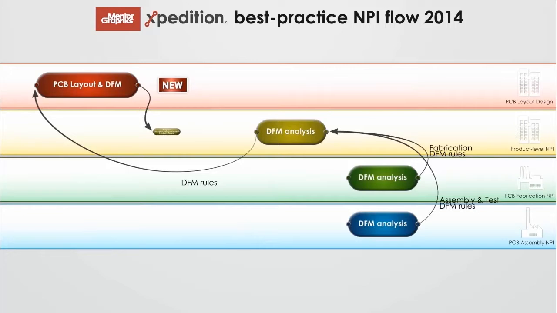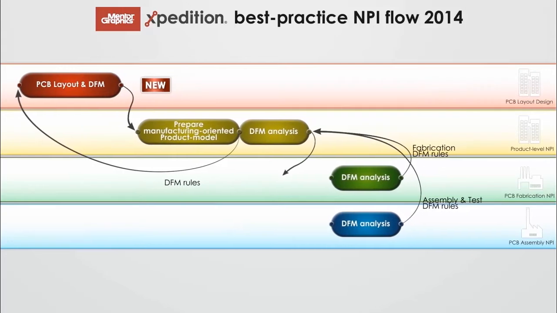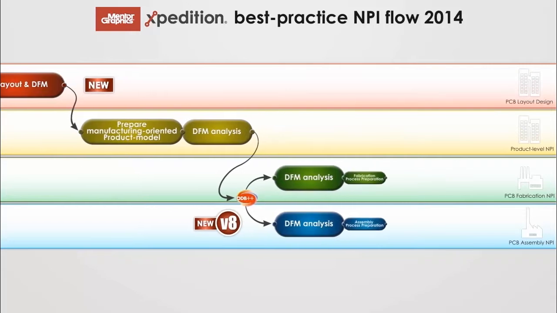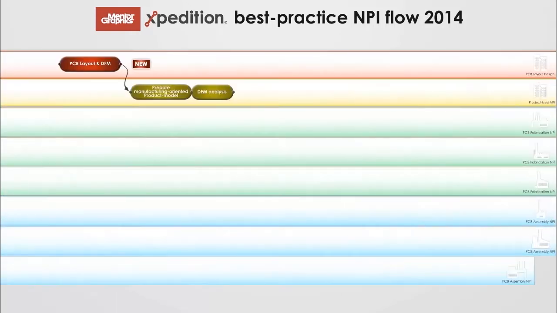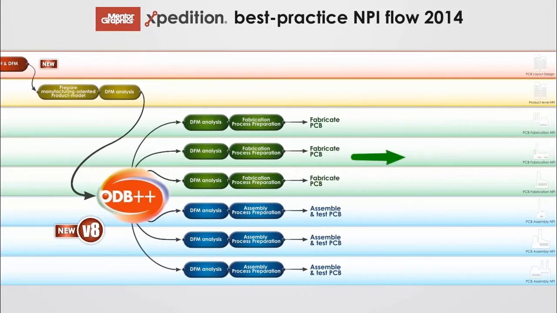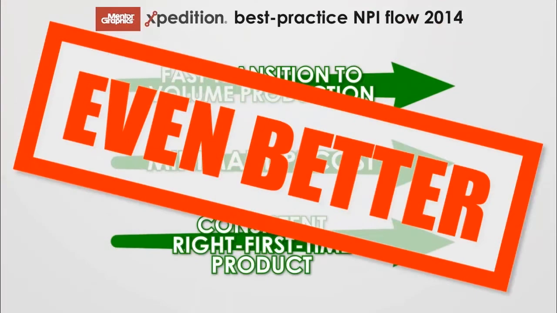The DFM rules are managed on the designer's behalf by the product NPI expert, who manages the DFM interactions with the manufacturers and preparation of an even more integrated product model based on the new version 8 ODB++ format. The result is a significant enhancement of Mentor's best practice NPI flow, bringing further cycle time savings, higher levels of embedded quality, and lower total NPI cost.